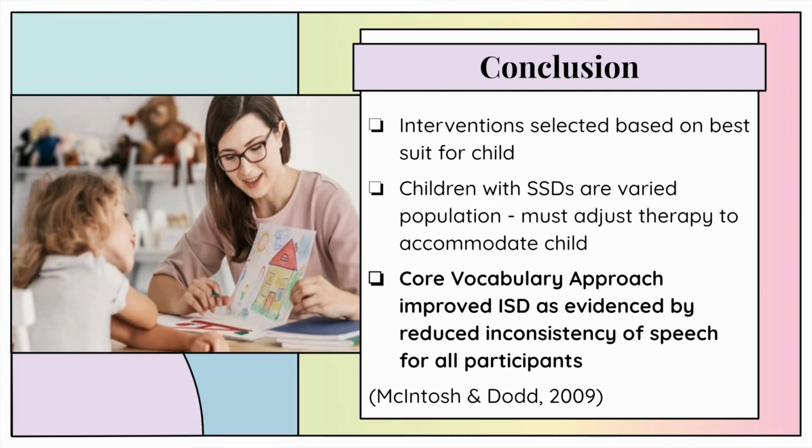Additionally, children with speech sound disorders are unique and they often need accommodations and adjustments during therapy in order to make the process accessible and the goals achievable. Ultimately, the core vocabulary approach that focuses on the planning of whole words improved participants' inconsistent speech disorder, as evidenced by their reduced inconsistency of speech, which was maintained post-therapy.